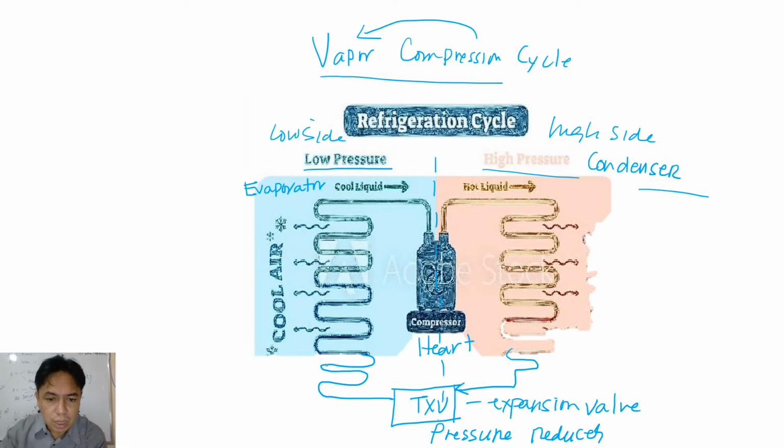So when it goes to the evaporator, it is only lower pressure. When the pressure is lower, the temperature is also lower, yeah, because of the ideal gas law. So we need to have a low pressure refrigerant in the evaporator.